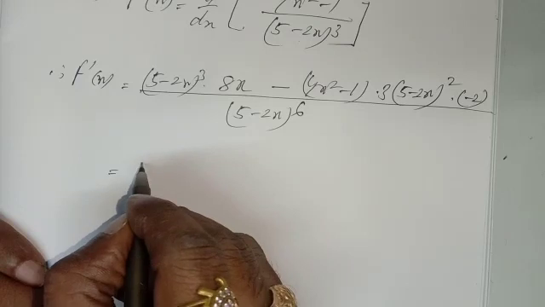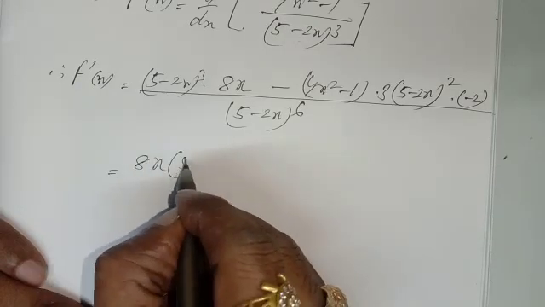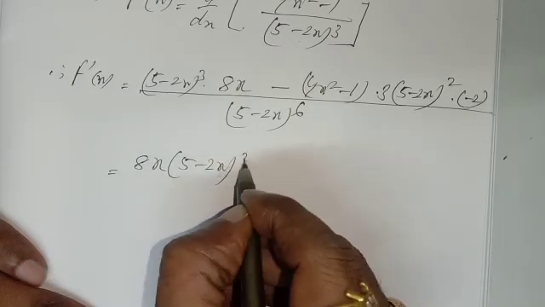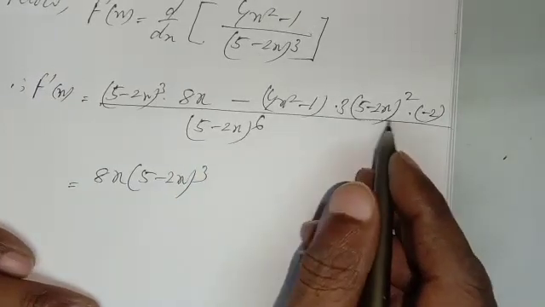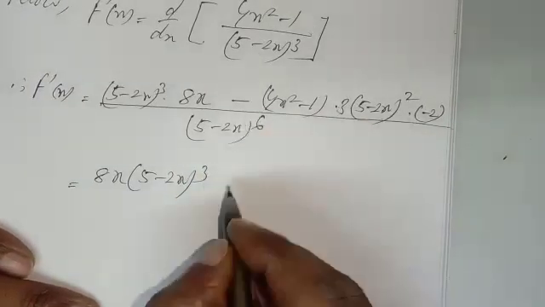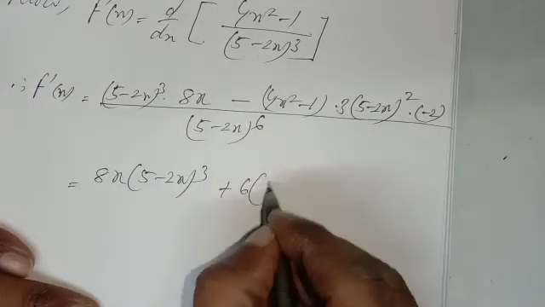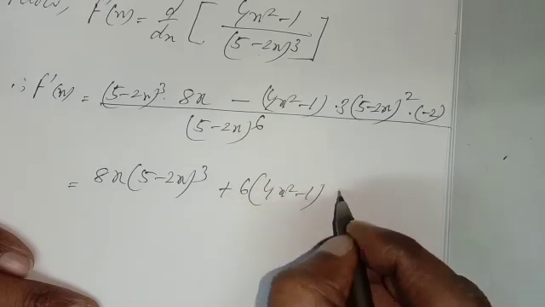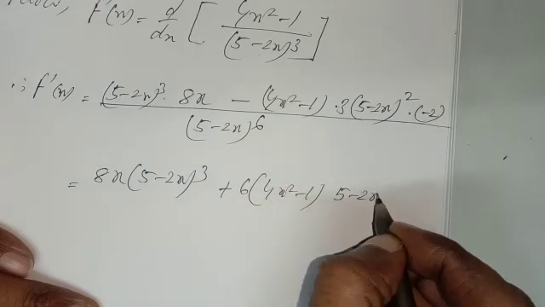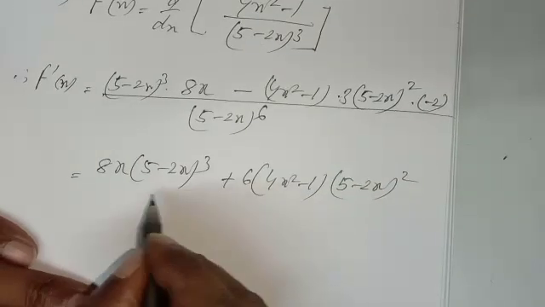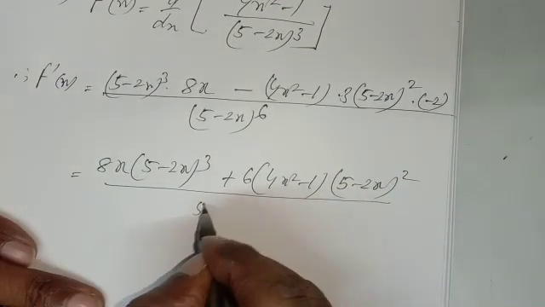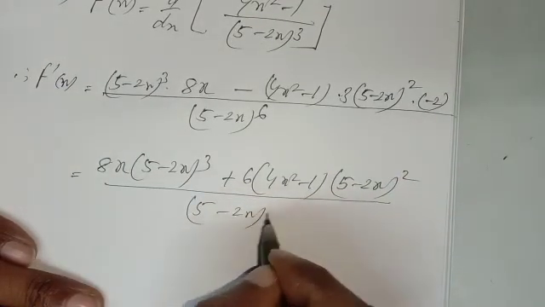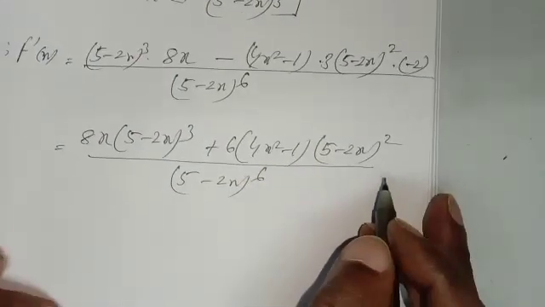That means this is 8x into (5 minus 2x) whole cube, and this is minus 6 here, minus 1 plus 6 whole into (4x square minus 1) and (5 minus 2x) whole square, divided by (5 minus 2x) to the power 6. This one is f dash x.